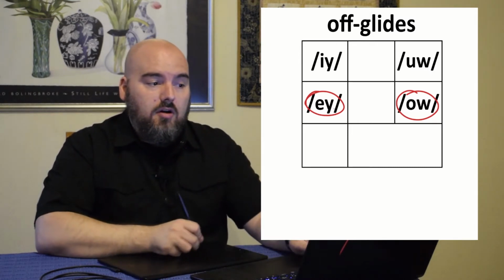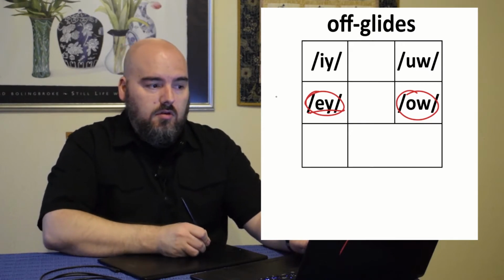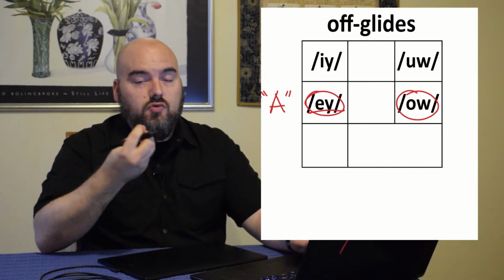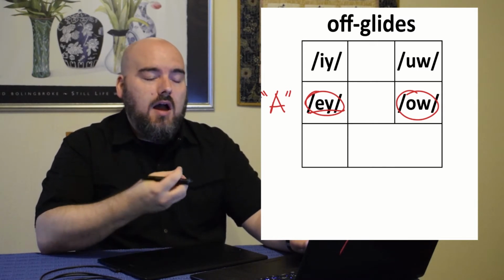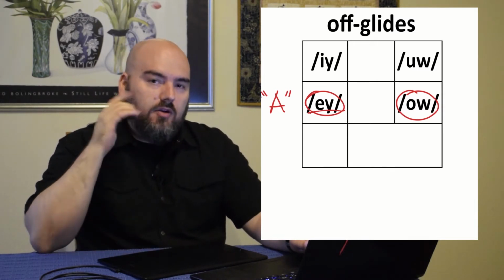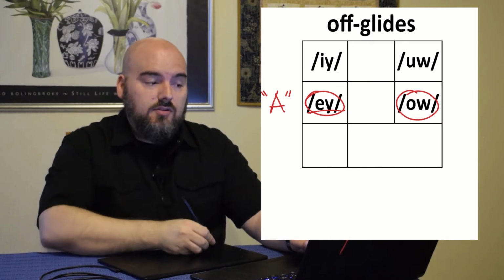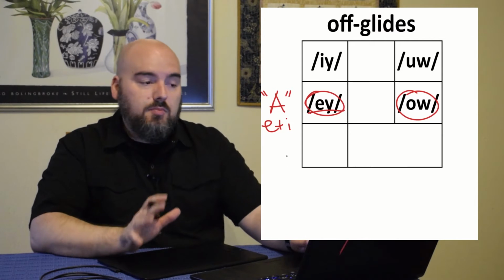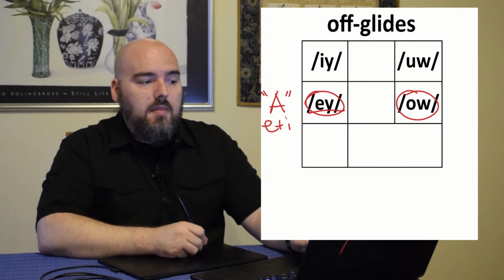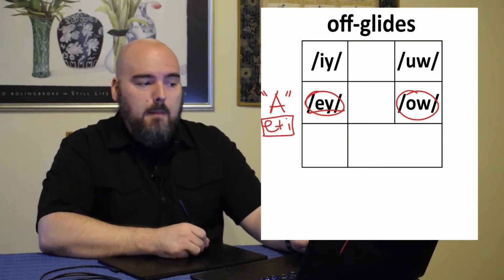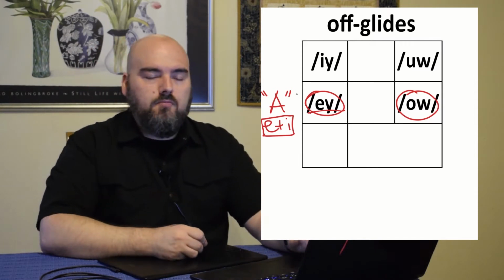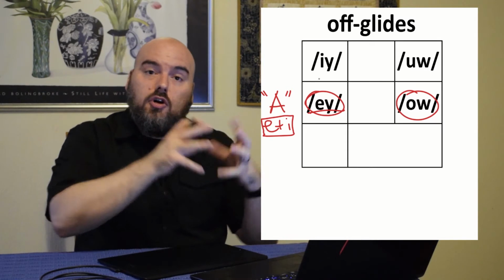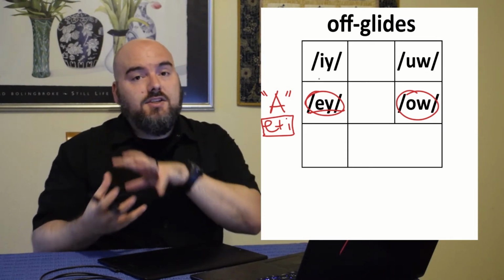So like the letter A in the alphabet is just one letter, one sound, even though for Spanish speakers, it sounds like it's two sounds. It sounds like it's A plus E. We've talked about this before. So that's why some people say that this is a diphthong, because it starts off in one place and finishes in the other.